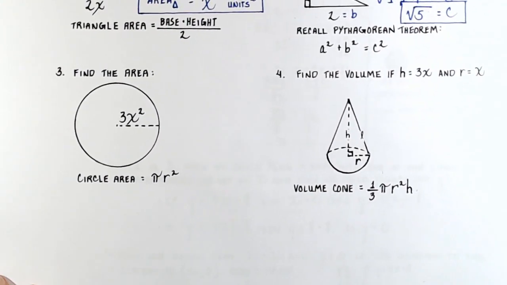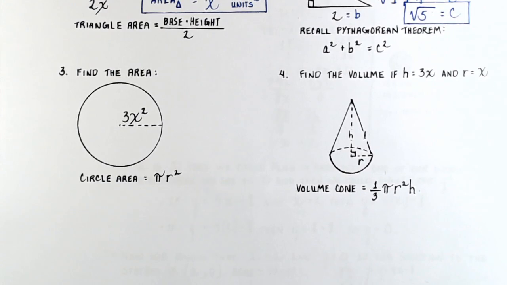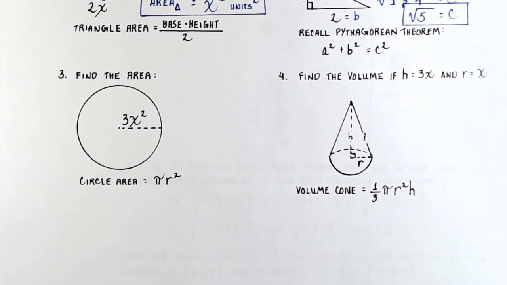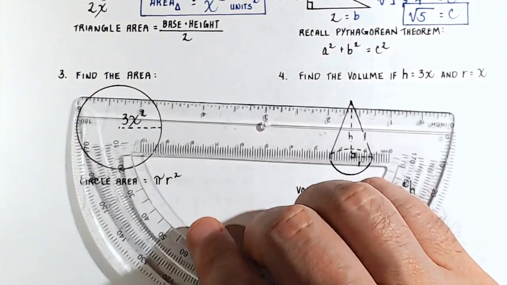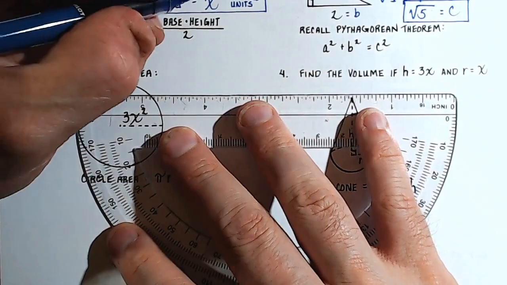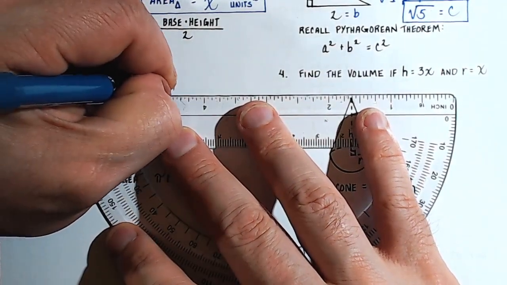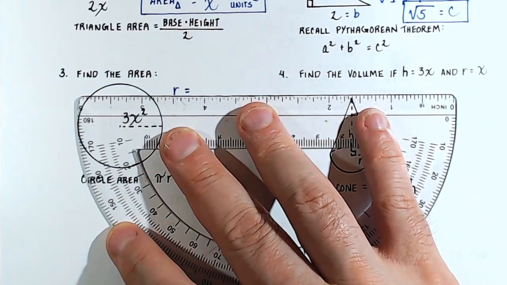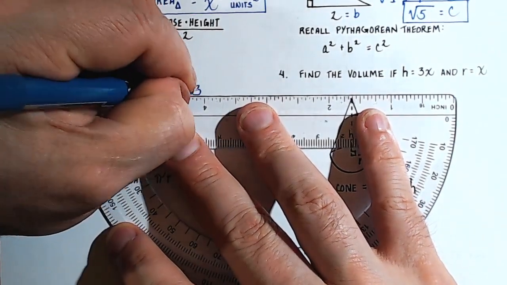Let's look at number 3. We're asked to find the area of a circle, and to recall that the circle area is pi times r squared. Here we're given the information that r is equal to 3x squared. I should probably write that down: r equals 3x squared.